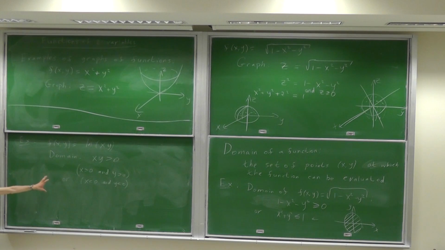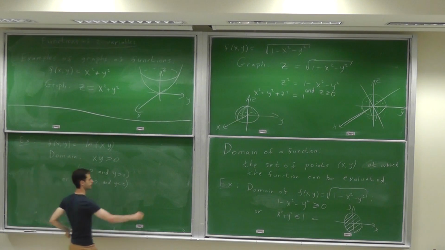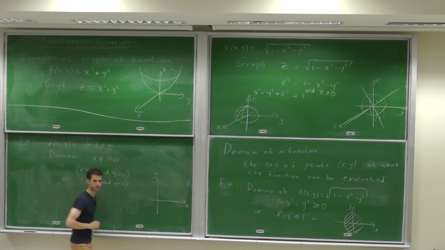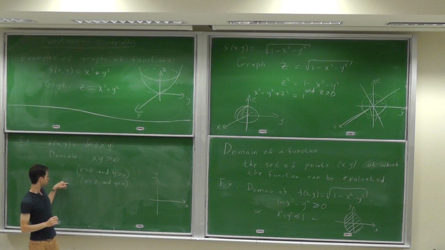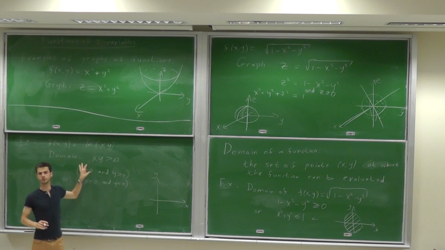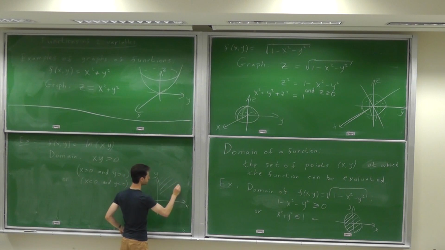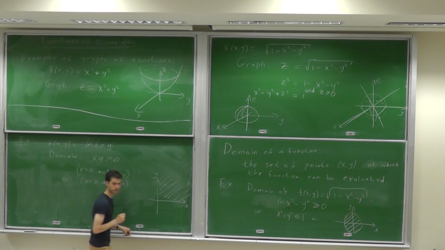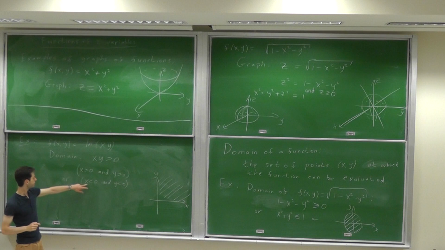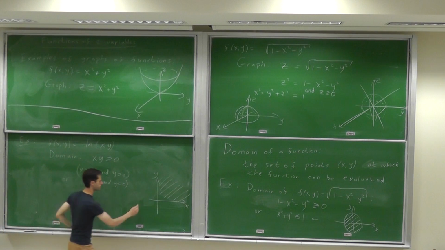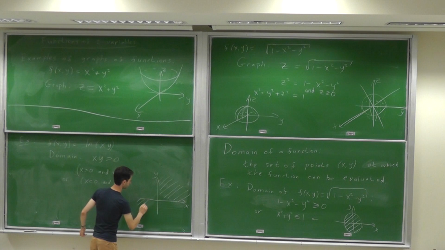Now I can try to imagine how this region looks like. So it's a union of two subregions. This region, where both coordinates are positive, that's called the first quadrant. And the region where both coordinates are negative, that's called the third quadrant.